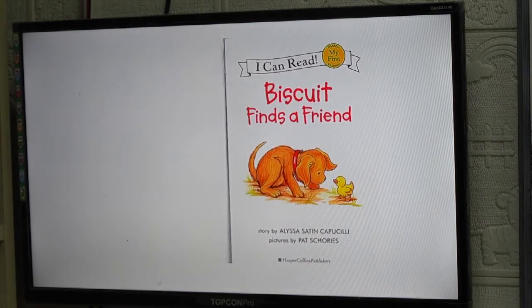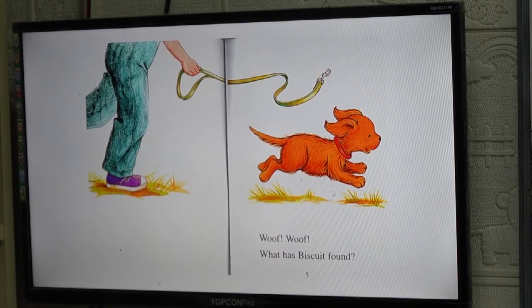So what happened to Biscuit today? The story name is Biscuit Has Found Something. It's basically Biscuit finds a friend. So what friend does Biscuit find today? Let's see. There's a hint in the cover, right? Let's see if you can guess it.